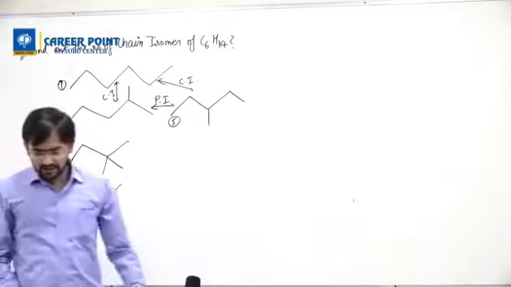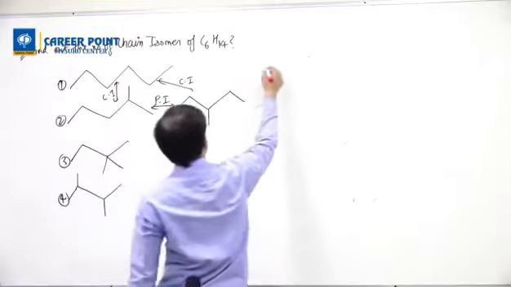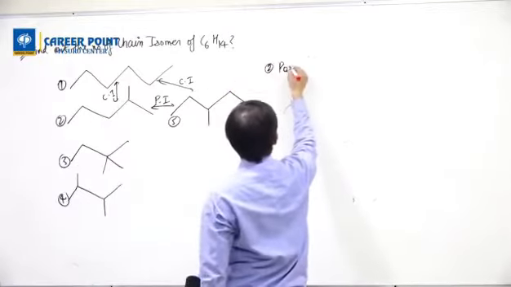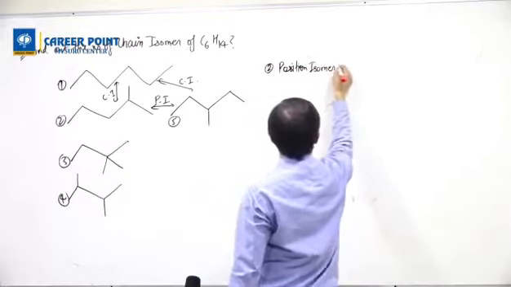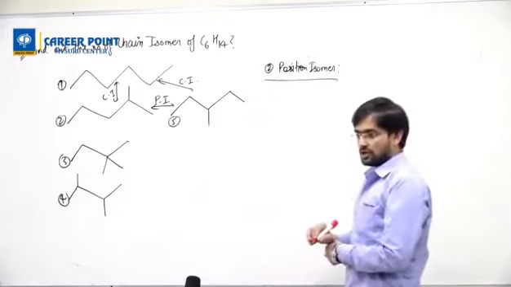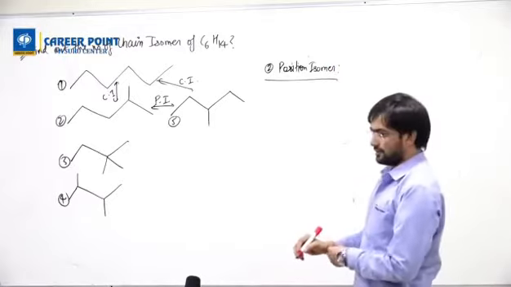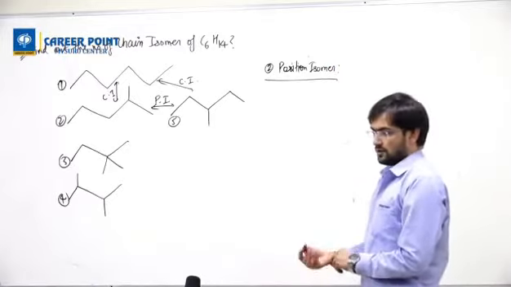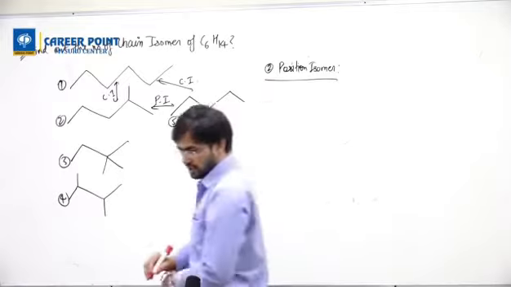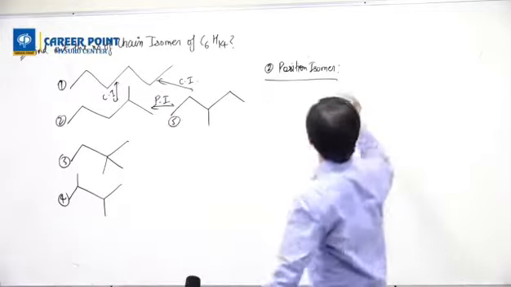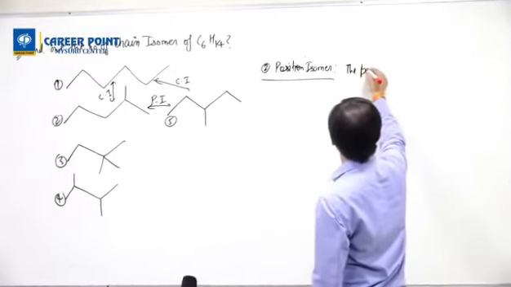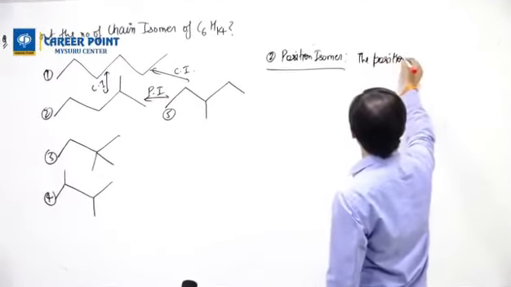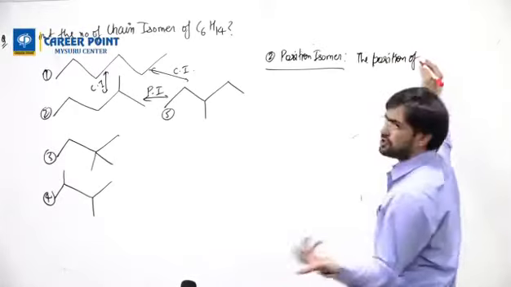Okay. So the next heading is position isomer. In this case, what is the difference? The position of what?